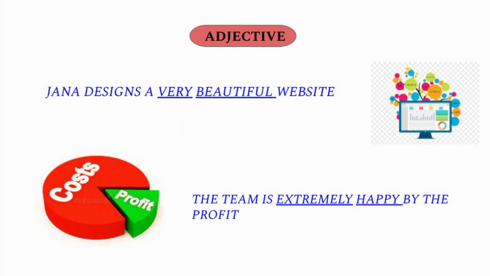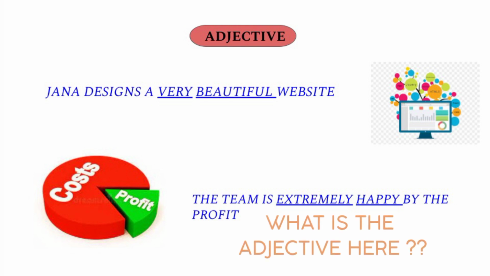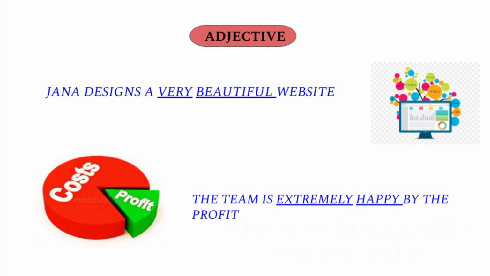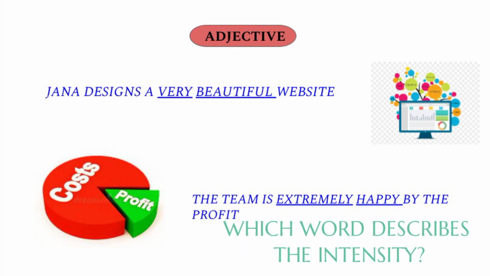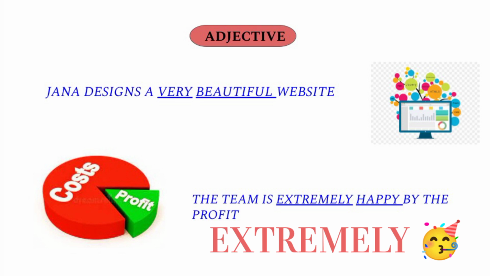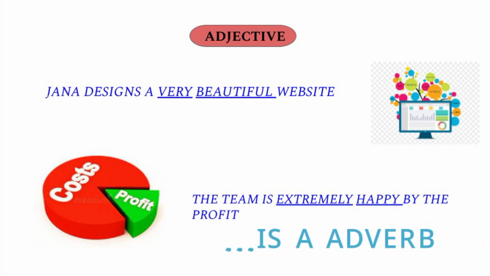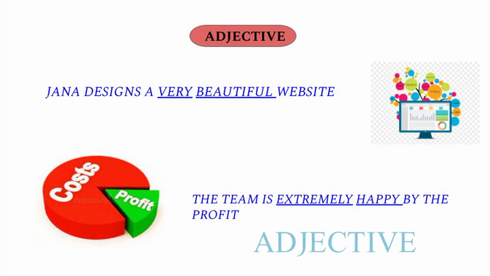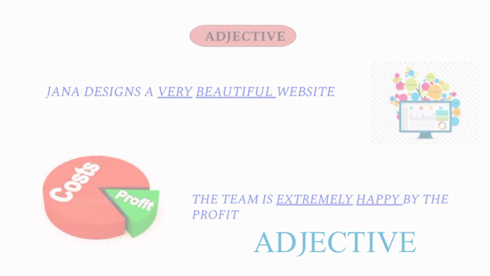We have another example: the team is extremely happy with the profit. What is the adjective here? Happy. Which word describes the intensity of the team's happiness? Extremely. So extremely is the adverb that describes the adjective happy.